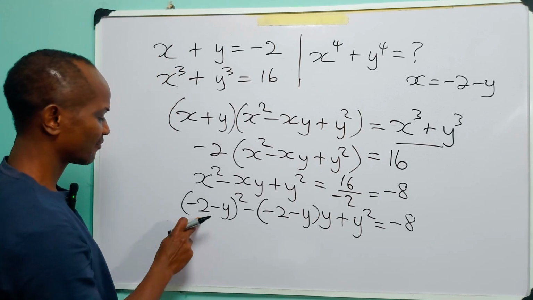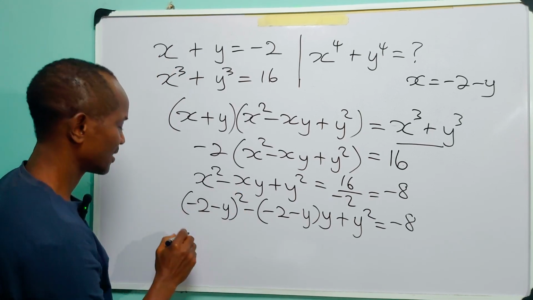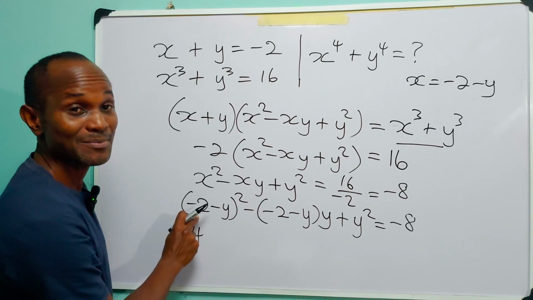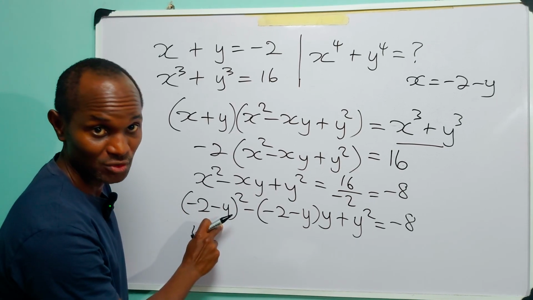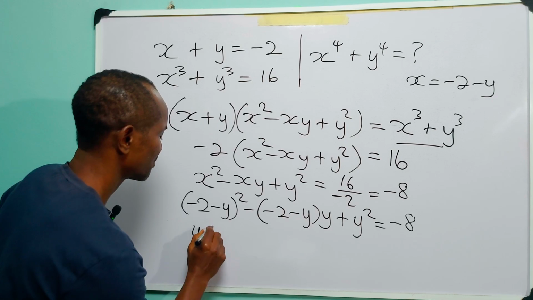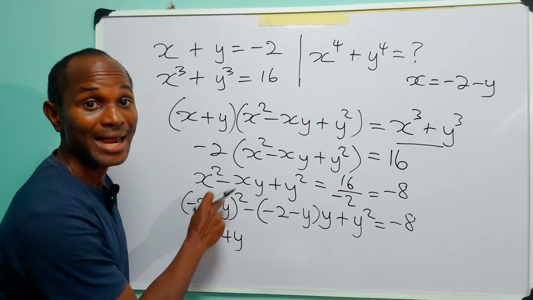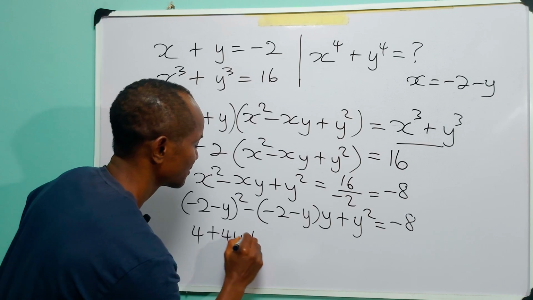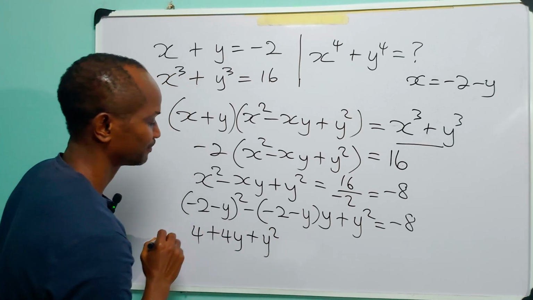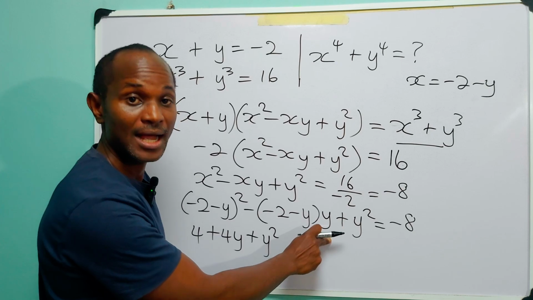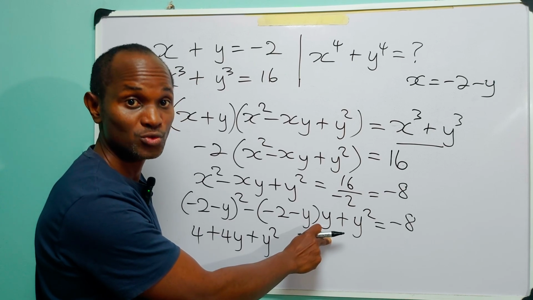Opening the brackets, we have minus 2 squared, and of course that is 4. Here we have 2 times minus 2 times minus y, and that is plus 4y. Next, we have minus y squared, and that is plus y squared. Here we have minus 2 times y, and of course that gives us minus 2y.